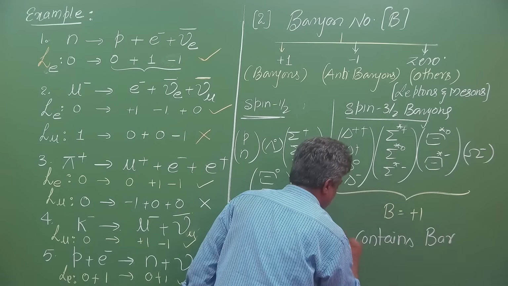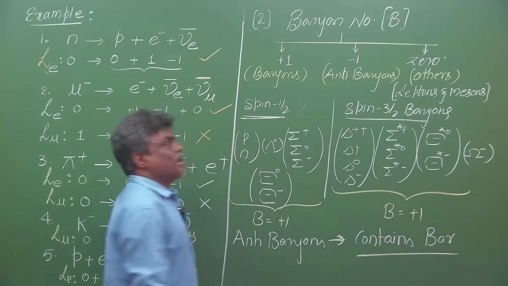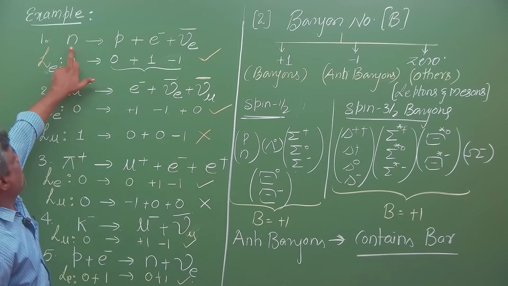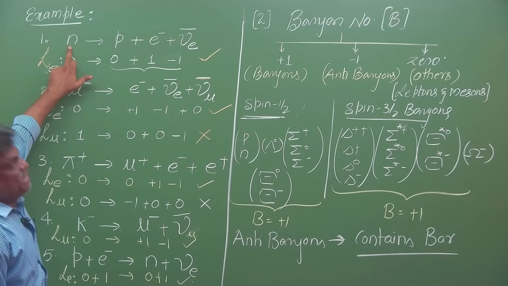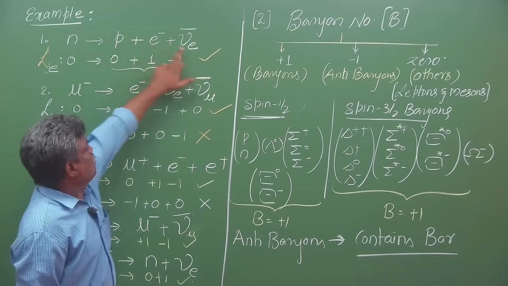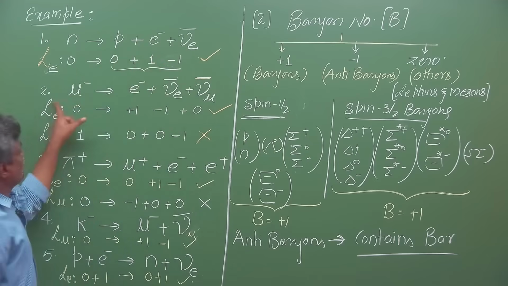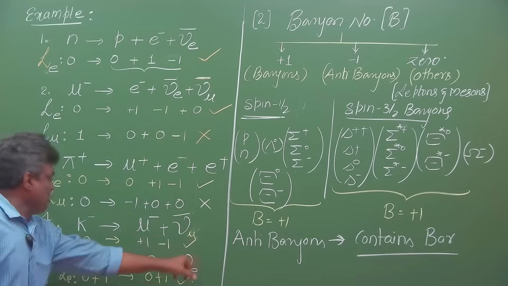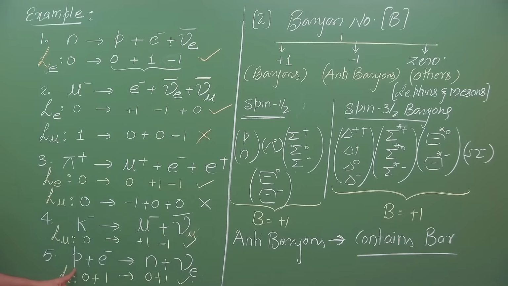If a bar is there on the baryon, what is the baryon number? Minus 1. Now tell me, is it a baryon? Yes, sir. Baryon? No. Any baryon here? No. Any baryon here? Yes, sir.